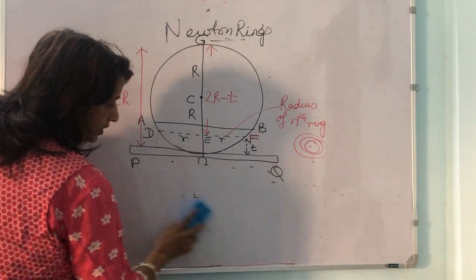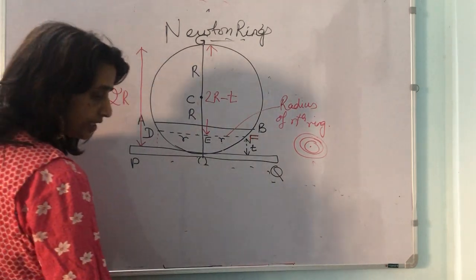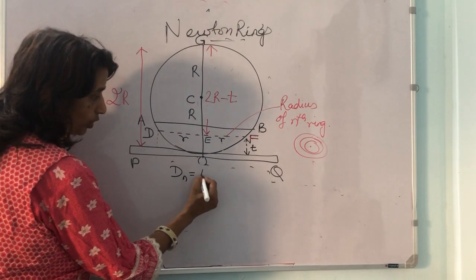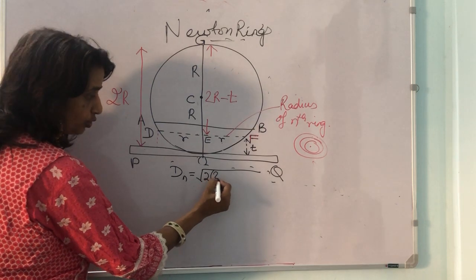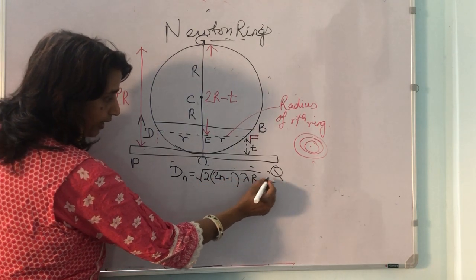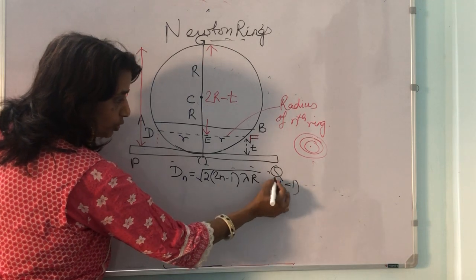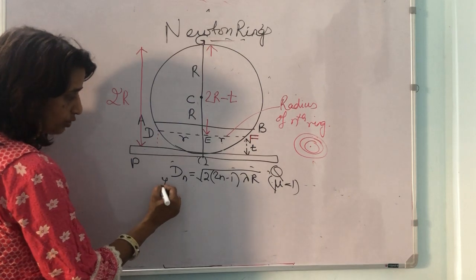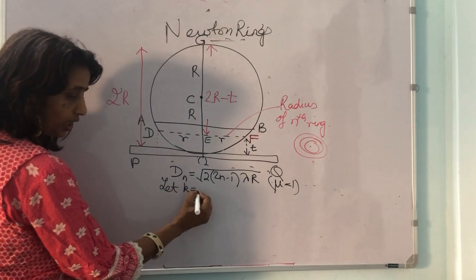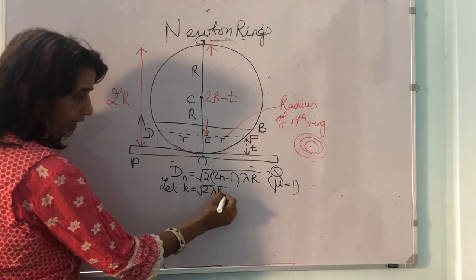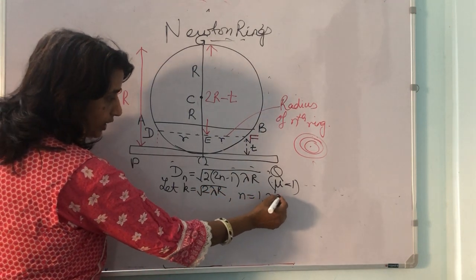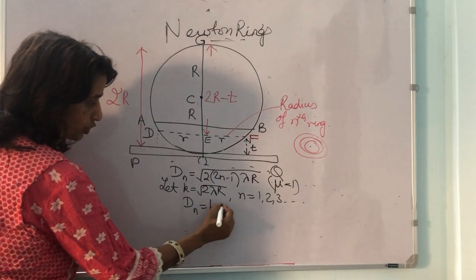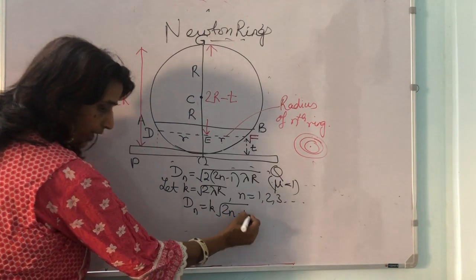In the case of air, the diameter of the bright ring is dn equal to under root 2 into (2n minus 1) lambda R. I have put mu equal to 1, and then I assume k is equal to under root 2 lambda R, for n equal to 1, 2, 3, etc. So dn is k times under root (2n minus 1).